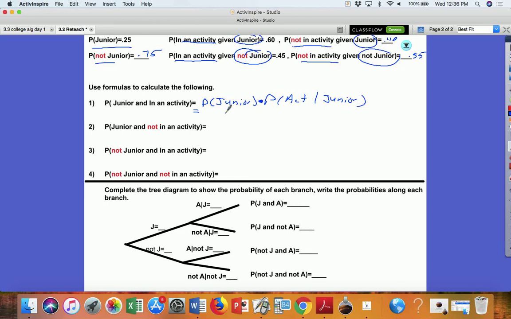So this again is 25%. This activity, given that they're a junior, 60%. So that is going to be a 15% chance that you pick somebody that's a junior in an activity.